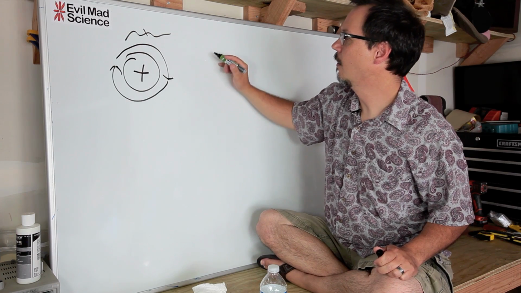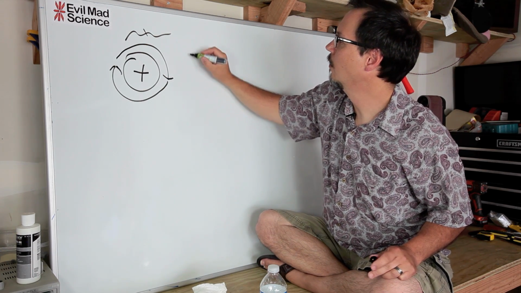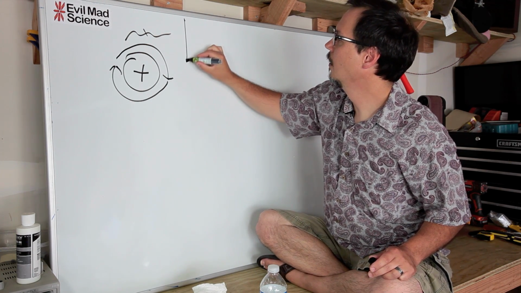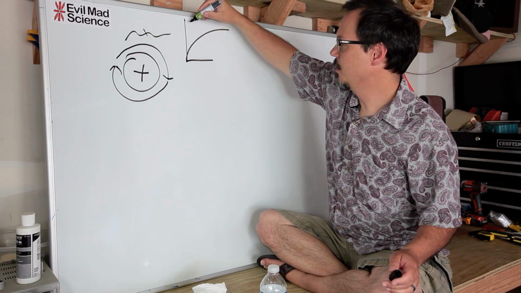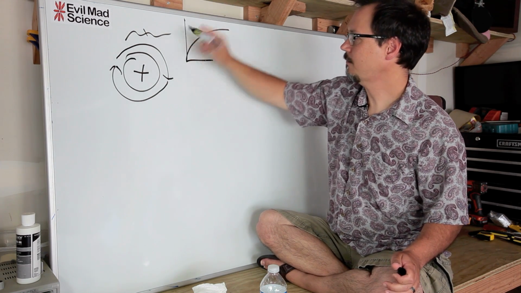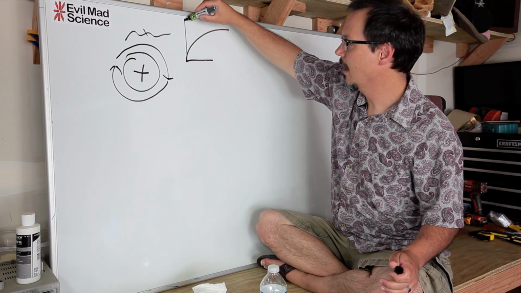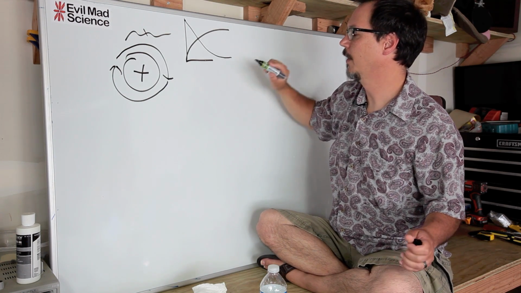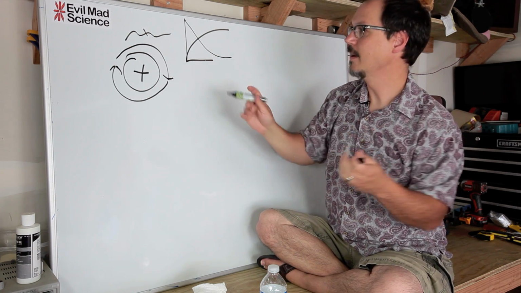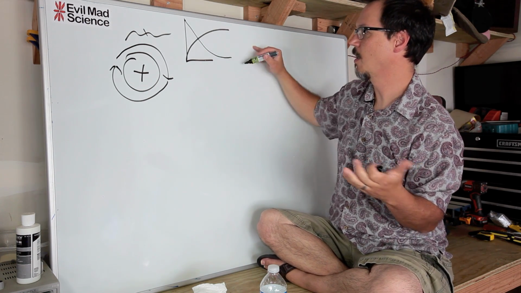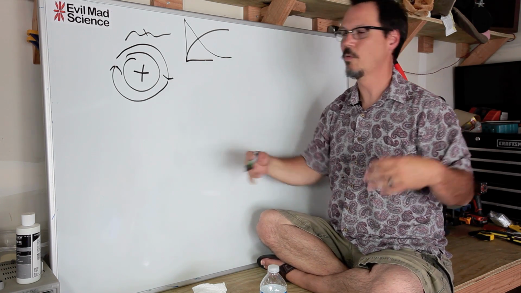From t equals 0, current will very slowly ramp up, whereas the voltage across this thing actually starts out very high and gradually goes to 0. It represents a resistance at t equals 0, and as the current stabilizes, the resistance goes to just the DC resistance of the wire.